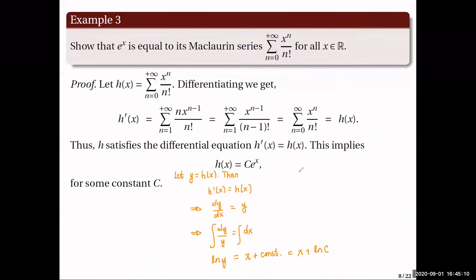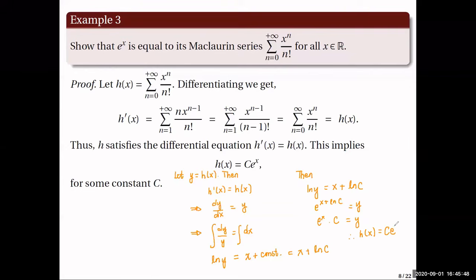Then we have ln y equals x plus ln c, or e raised to x plus ln c equals y. But e to the x plus ln c is equal to e to the x times c equals y. So therefore, we have shown that h of x is equal to the exponential of x times some constant c.